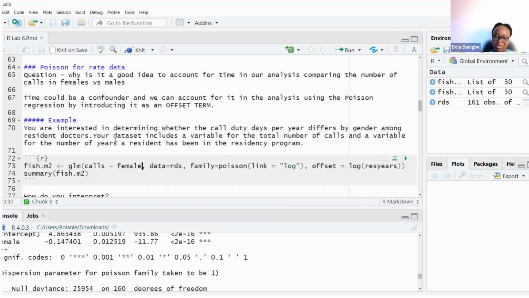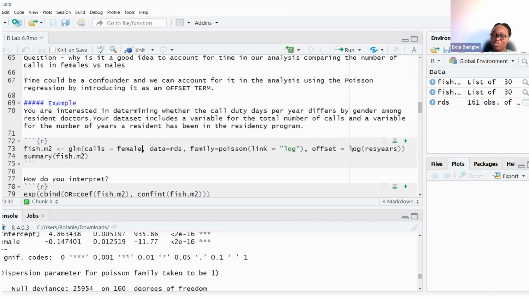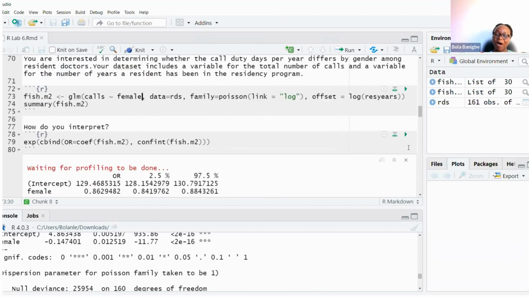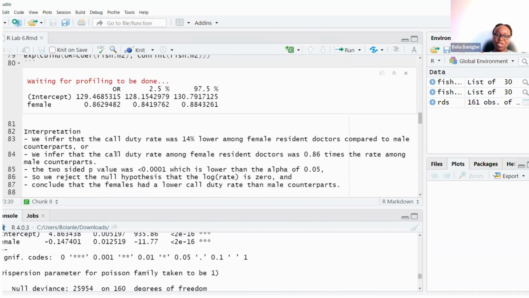However, in the second one, we're basically saying rate: consider the number of years that they spent in residency as a denominator. So it is not another predictor variable. It's a confounder that we decided to use to convert our outcome from mean numbers to rates. So if you look at this one, it's now talking about call duty rate, not the mean number of calls.